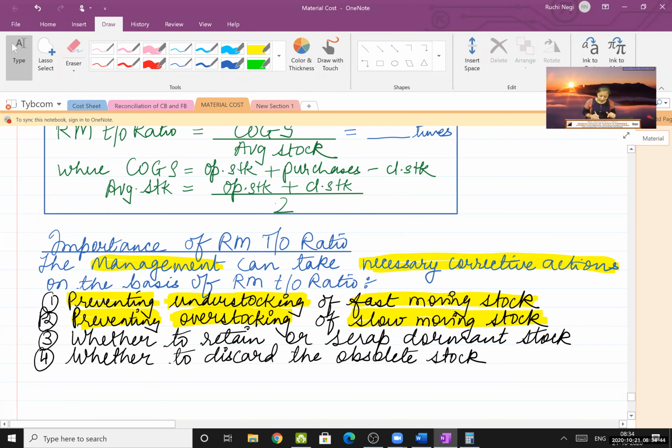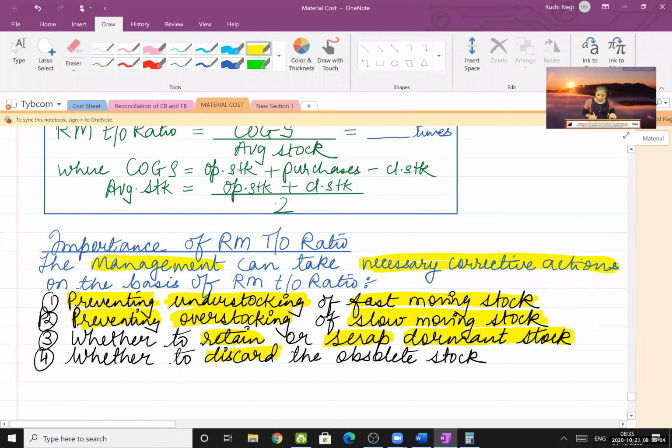Then third, whether to retain or scrap dormant stock. I told you, this decision you will take on the basis of the opinion of your cost accountant, purchase manager, and the production manager.